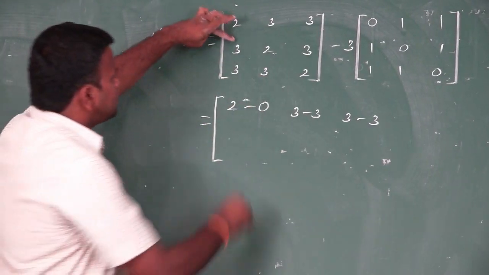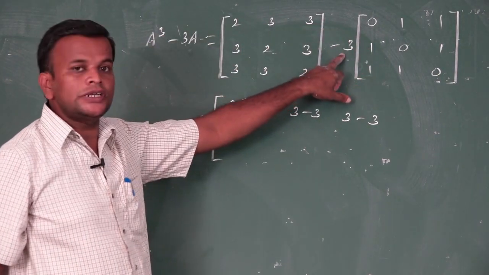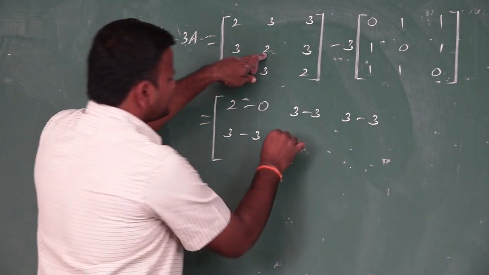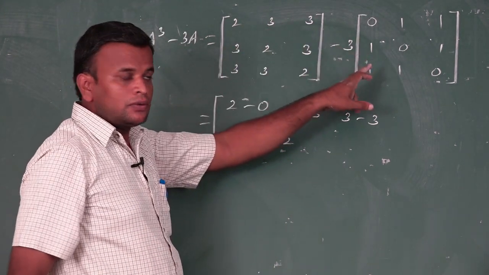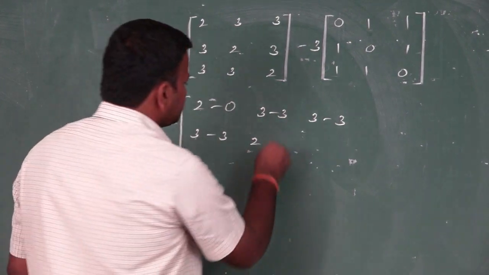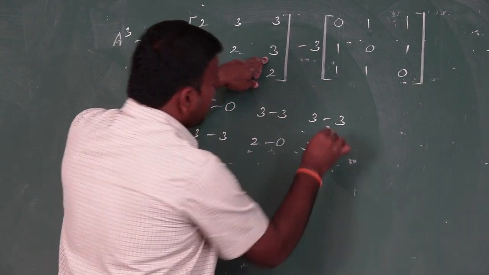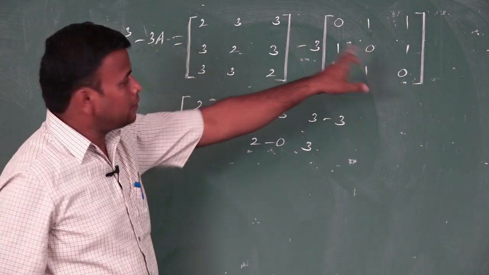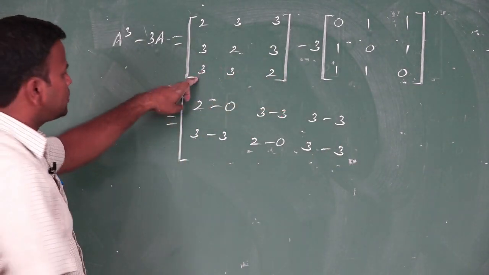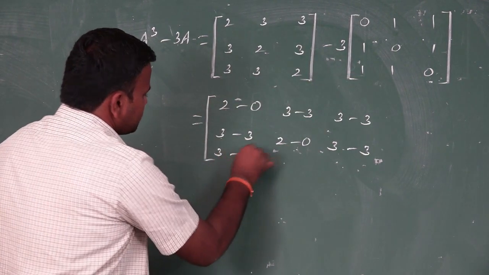Second row: 3, whose corresponding element is 1, but outside is minus 3, so minus 3. Then 2; here minus 3 into 0 is minus 0 or plus 0. Next, 3, whose corresponding element is 1, so minus 3. Third row: 3, minus 3 into 1 is minus 3.